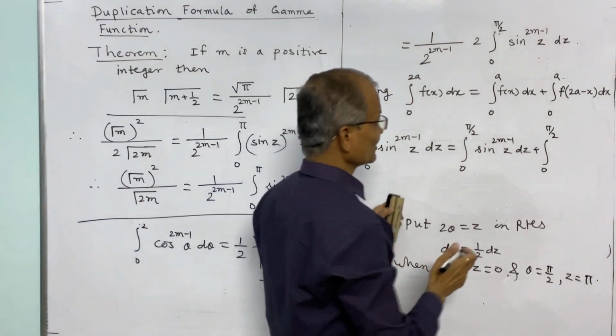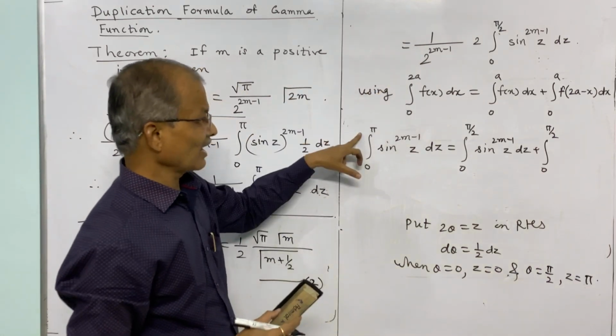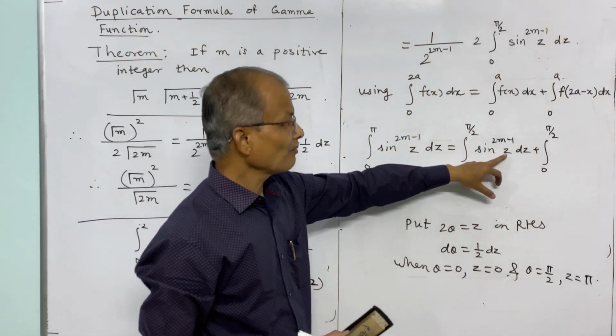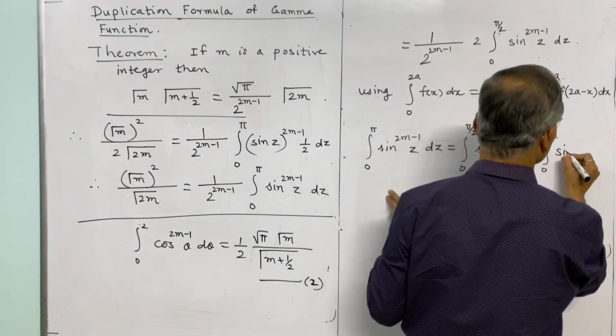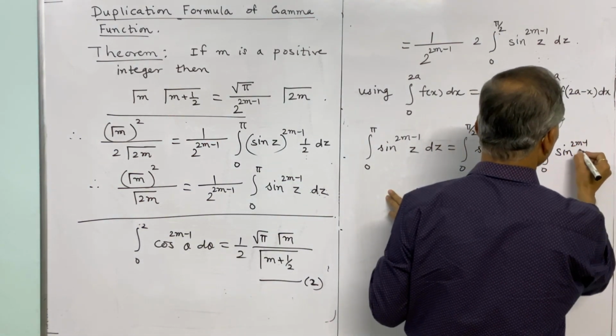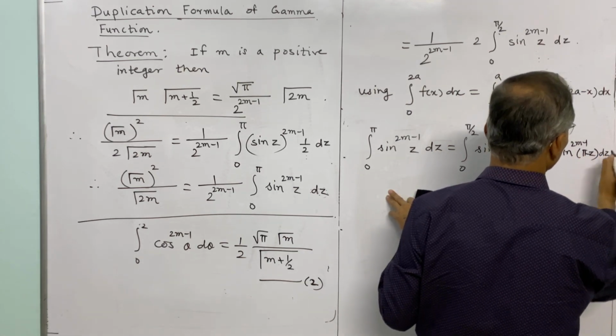What is f of 2a minus x? What is 2a here? Pi. So this will be sine pi minus z, with the power the same, 2m minus 1, of pi minus z into dz.